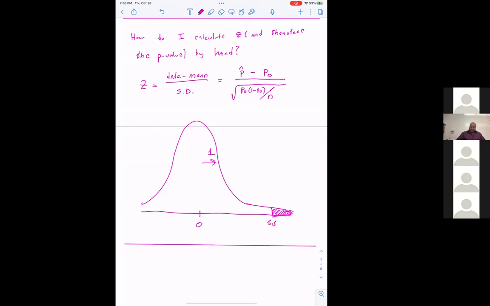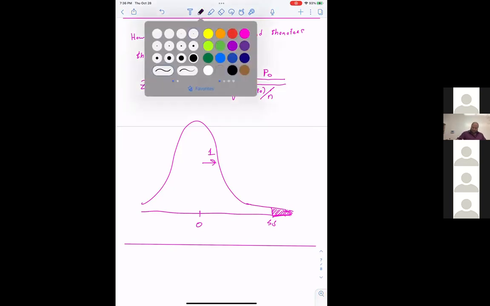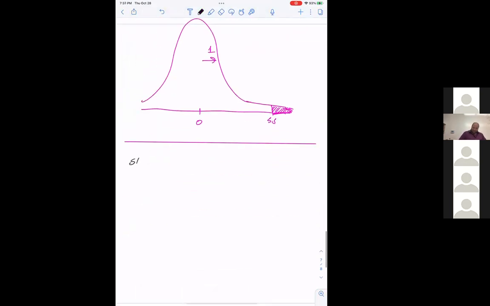So now a word of warning. Statistical significance is not the same as practical significance.